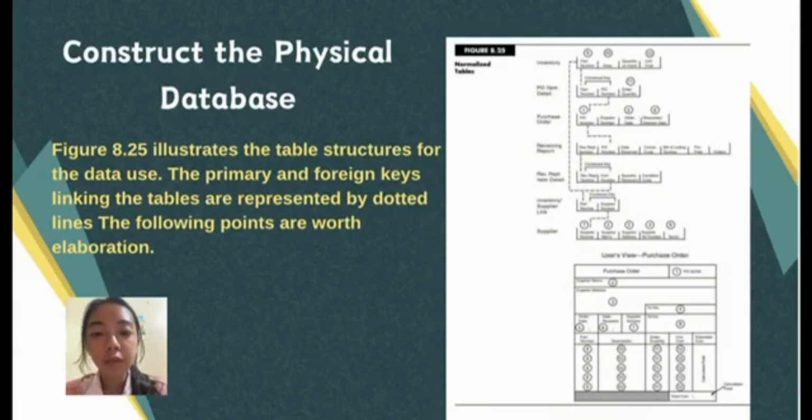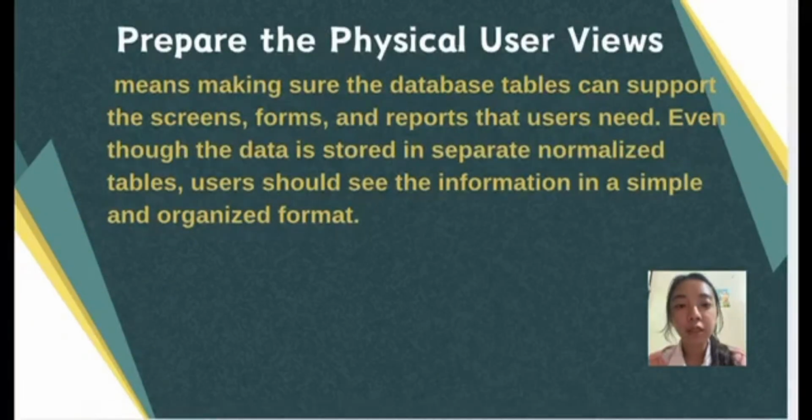Constructing the physical database means turning the logical data model, the ER diagram, into actual database tables that can be implemented. Preparing the physical user views means making sure the database tables can support the screens, forms, and reports that users need. The normalized tables should be rich enough to support the views of all users of the system being modeled.